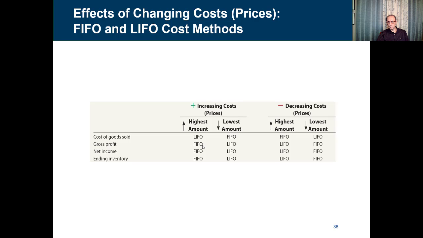FIFO would give us the highest gross profit, the highest net income, and the highest ending inventory. And of course, it would be the opposite in terms of lowest amounts. If prices are going down, then the highest cost of goods sold would be FIFO, and LIFO would always give us the highest amount for gross profit, net income, and ending inventory. The opposite is true if we're considering the lowest amount.